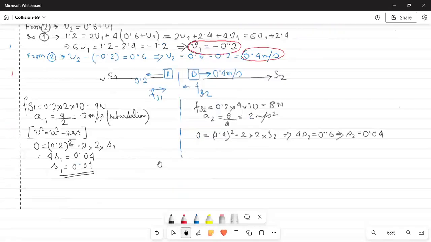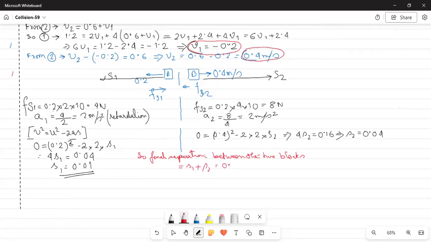Now, what is the final separation between them? Final separation is S1 plus S2, equal to 0.01 plus 0.04, which is equal to 0.05 meter, which is equal to 5 centimeters.